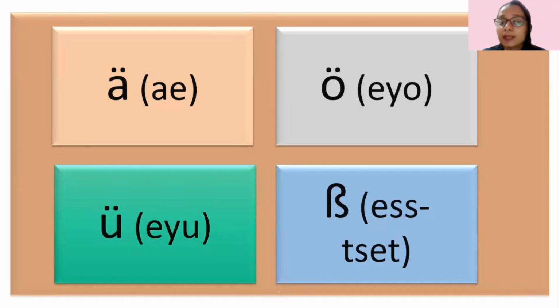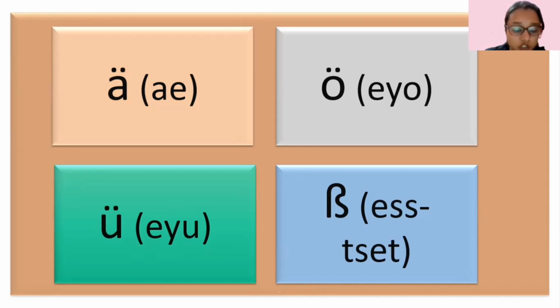You can write the spelling U M L A U T. So how will you say A umlaut, O umlaut, U umlaut? And the last one is Eszett, which looks like beta. We use beta in our maths subjects, so that is the same.